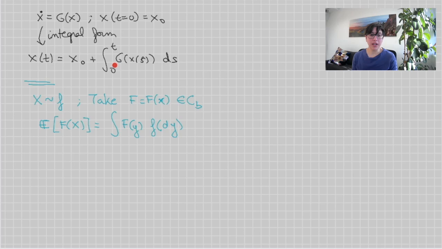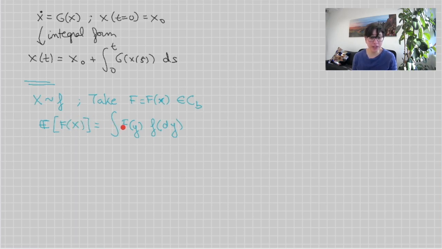Now the question is, I have my x, how do I make the law appear, how do I relate x with its law? And there is a very simple and straightforward way of doing this. If you have x, some random variable that has a law f, we consider any function f with some regularity, say continuous and bounded, and we compute the expectation of f at the random variable x.